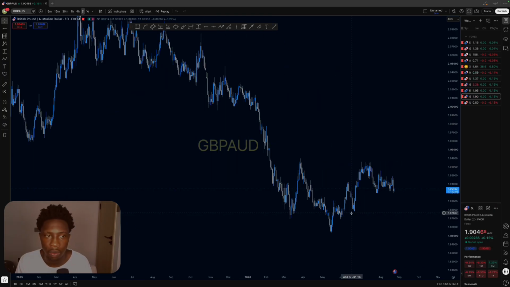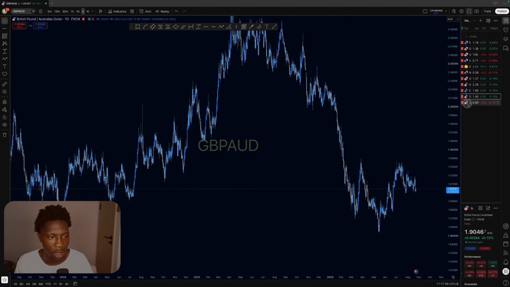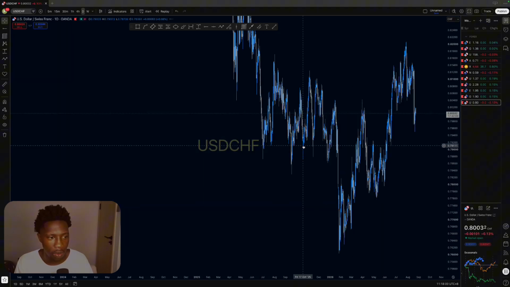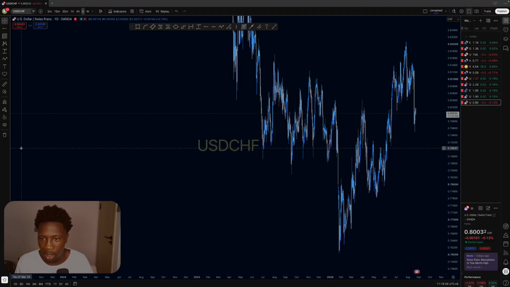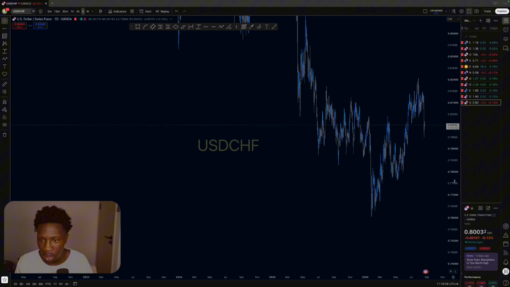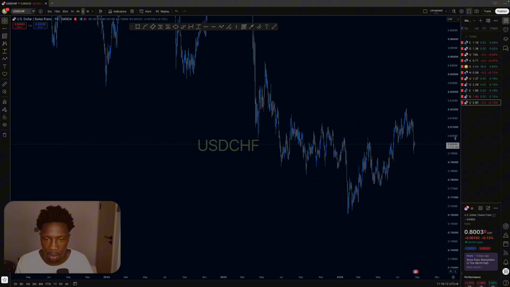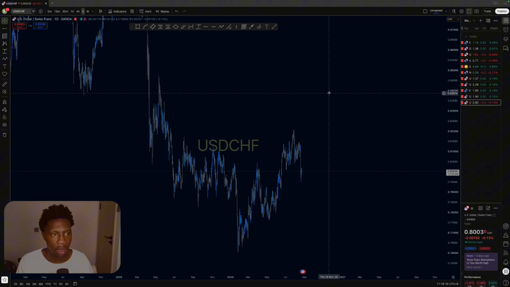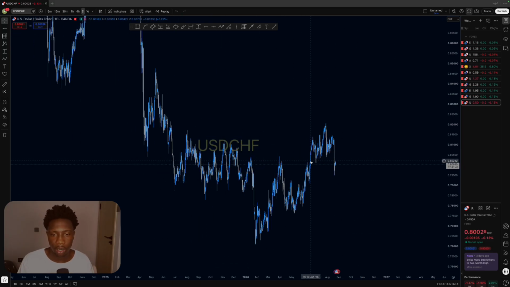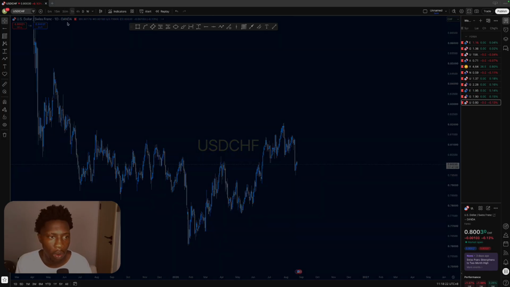And also I'll go to USD Swiss franc. It has a lot of drawings. So now I don't want to analyze this one either because it has an uptrend like this, but it doesn't have other confluences that I need to open trades on it.